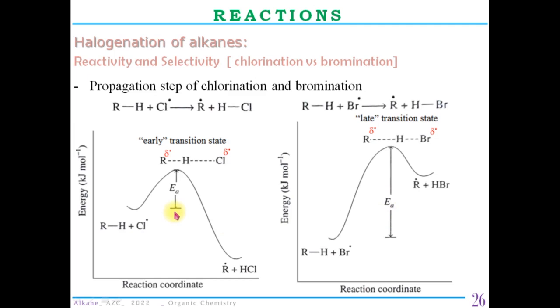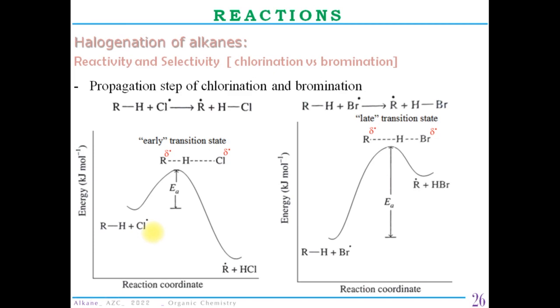As the activation energy for chlorination is lower, it reaches an early transition state, which has energy similar to the energy of the reactant. So chlorination is much more reactive than bromination. We can conclude that chlorine is more reactive than bromine.